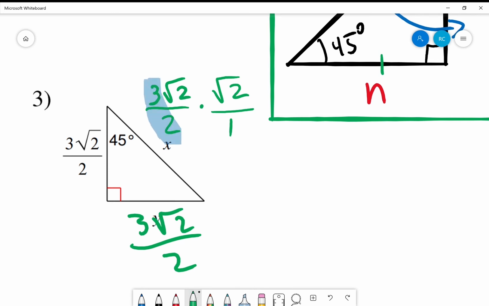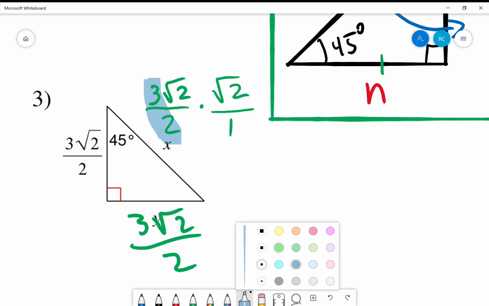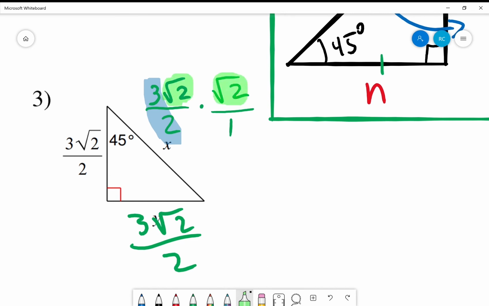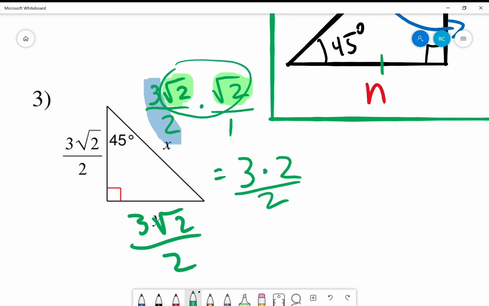We still get 3 over 2. Square root of 2 times the square root of 2, well, we did that before. So what we get is 3 times 2 divided by 2. Right? The square root of 2 times the square root of 2 equals 2. Well, what's 2 divided by 2? It's 1. The answer is 3.